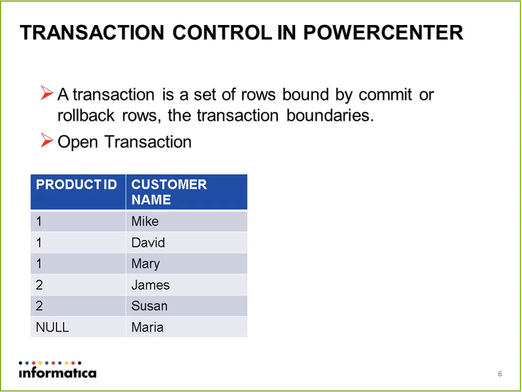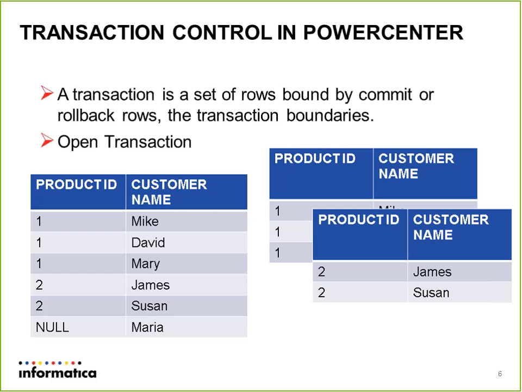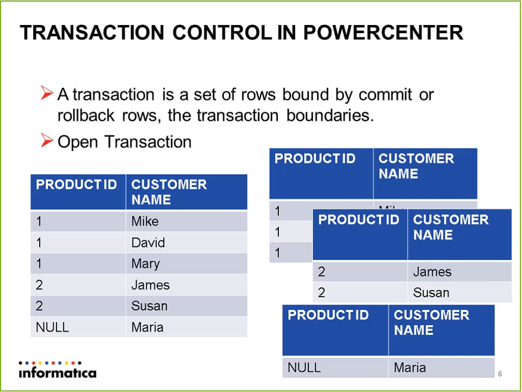For example, imagine a situation where the source table has 6 rows and the mapping has been defined in such a way that the first 3 rows form part of one transaction and the next 2 rows form part of another transaction. The last one row is not bound by any commit or rollback row and hence is a part of an open transaction.